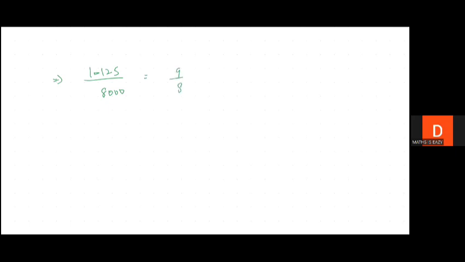Cancelling by 5 repeatedly, 5 2s are 10, 5 2s are 10, 5 5s are 25, and so on.